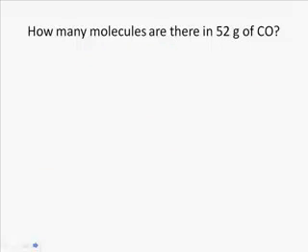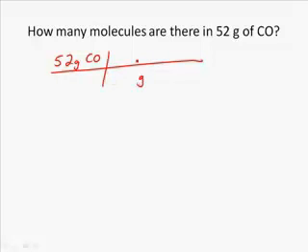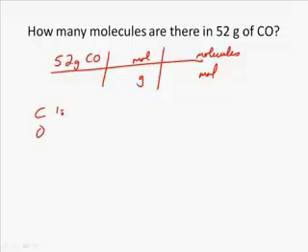Okay, so now we're going from number of molecules to grams. So we know we're going to have 2 steps, 52 grams of CO. I want to go grams to moles, then moles to molecules. Again, carbon and oxygen: 12.011 and 1 oxygen, and I'm going to add those together.